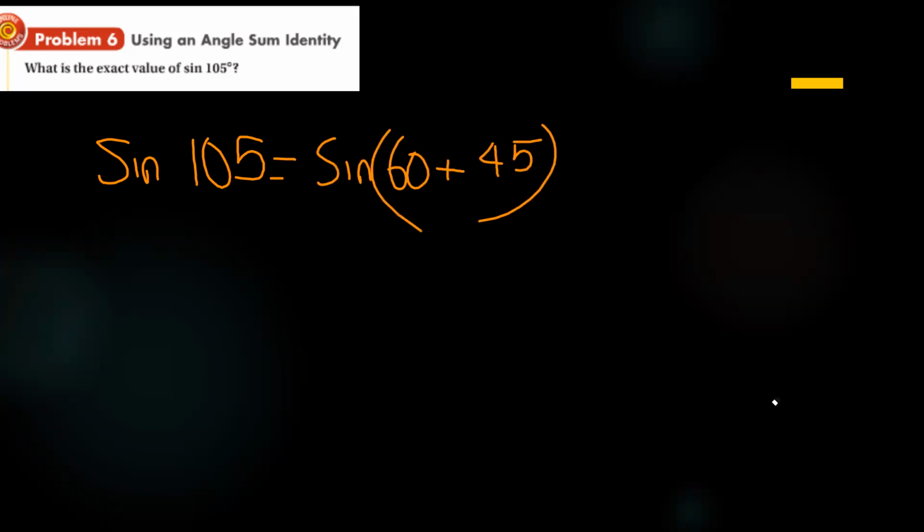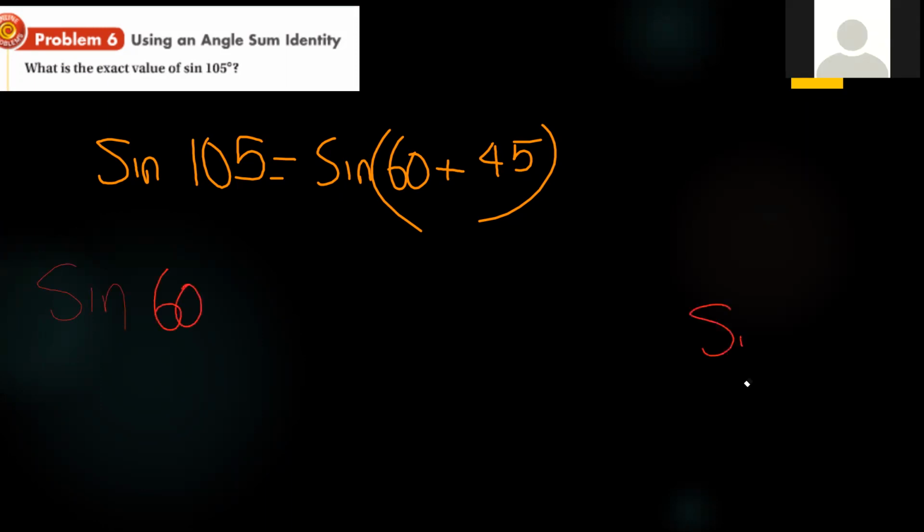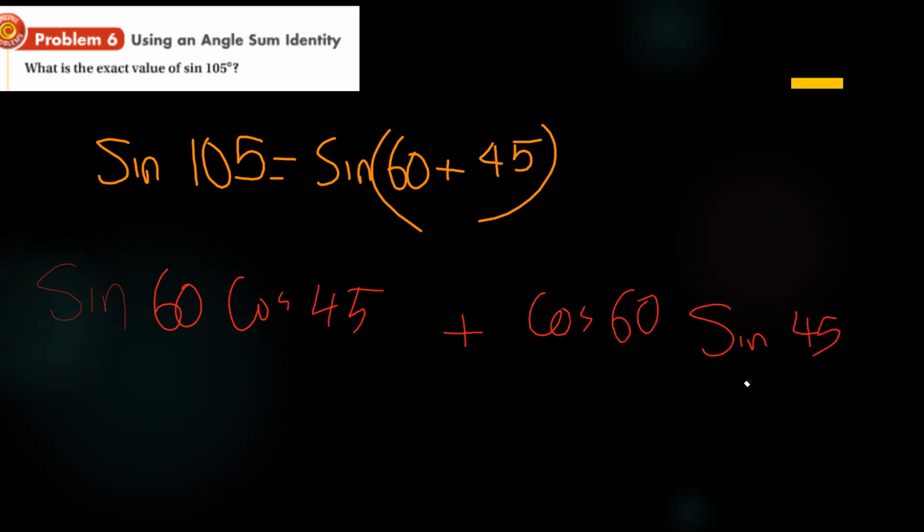Then for the sines, we say that it's sine 60 times cosine 45 plus cosine 60 times sine 45. So here, this is the formula.